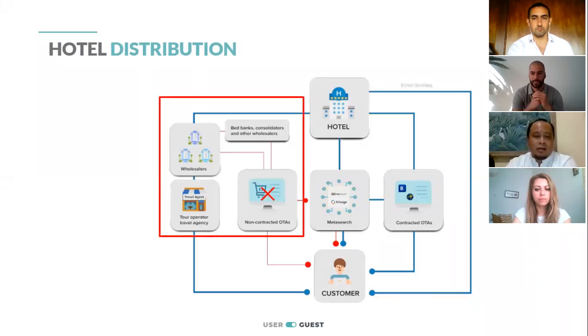You give them a contracted rate or static rate, but then this static rate leaks into the online world, and the contracted OTA in this case, Agoda, Booking, or Expedia, takes it as the rate that they are selling.